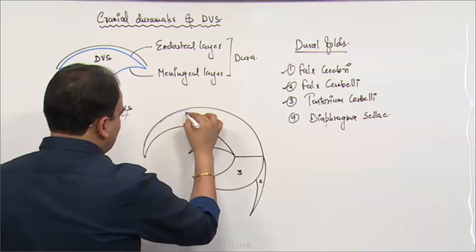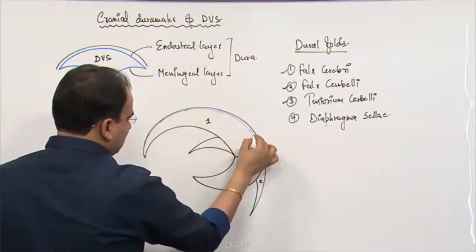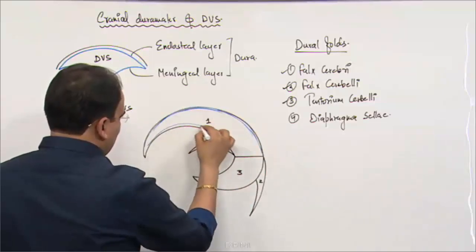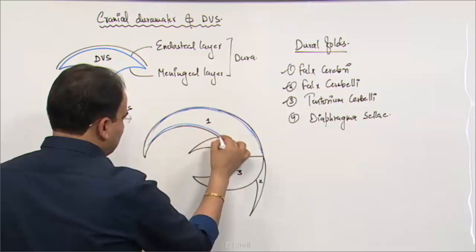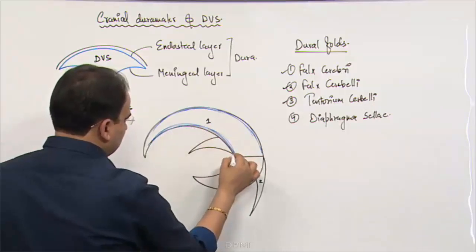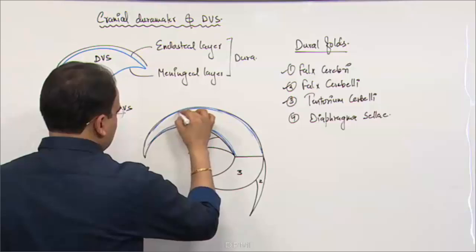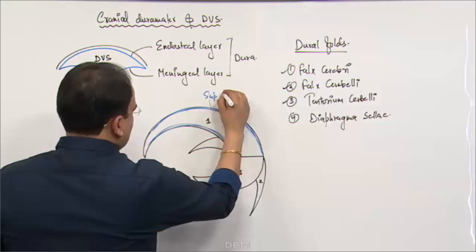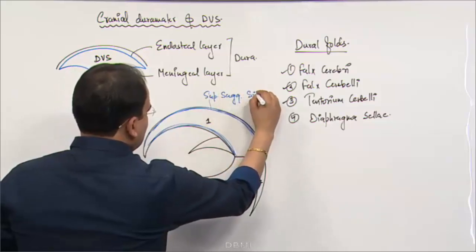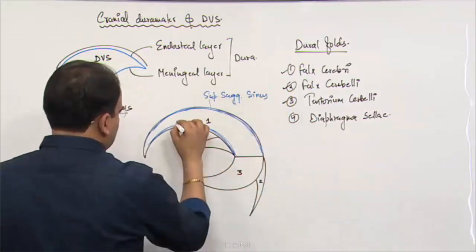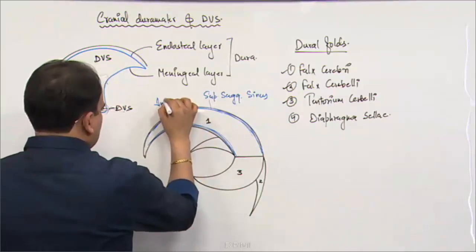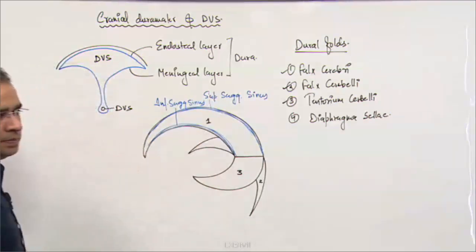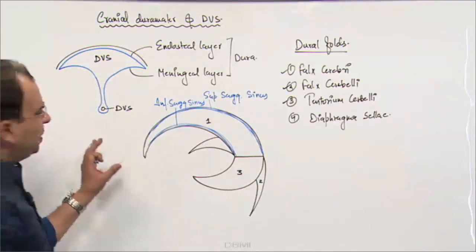So we have a sinus along the upper margin here, this is called the superior sagittal sinus, and there is a sinus along the lower margin here, this is called the inferior sagittal sinus. Both superior and inferior sagittal sinus.